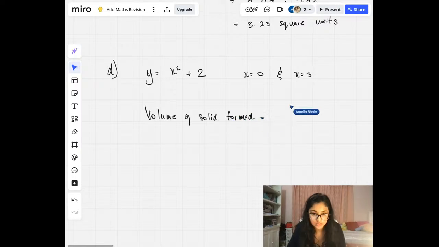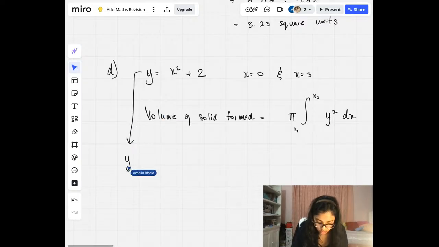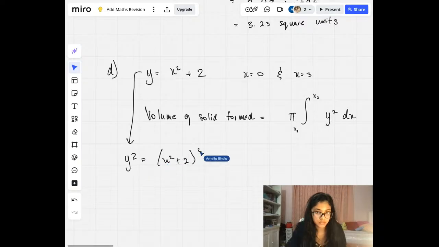I like to put the pi outside here. I have my two limits, and then y squared dx. I like to take this and see what is y squared. It's just this, all that is squared.